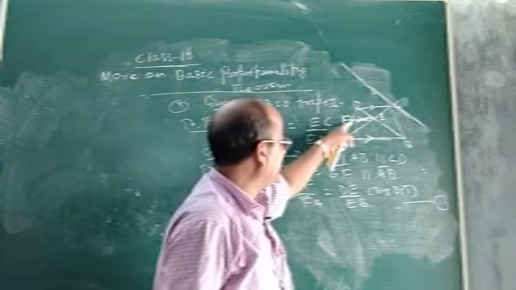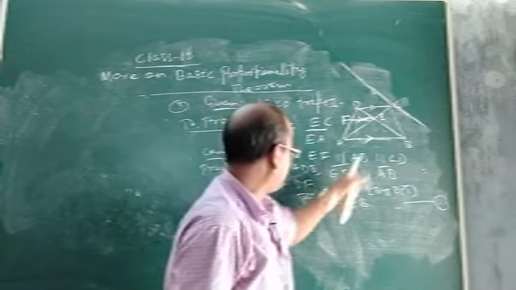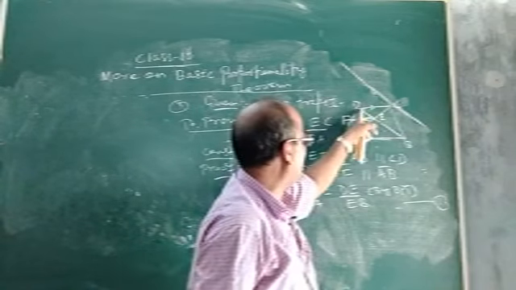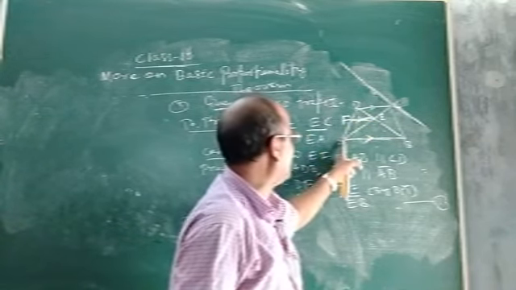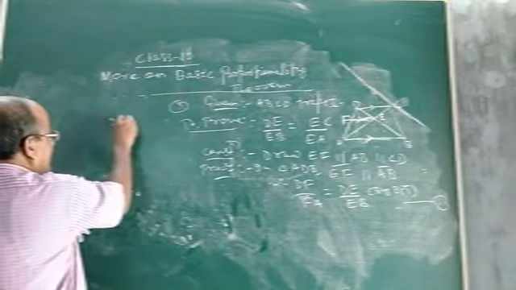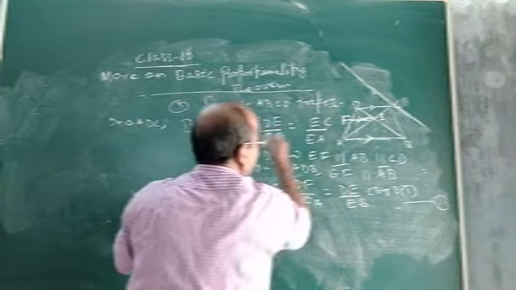So when we took EF parallel to AB in triangle ADB, we got this by BPT. Now see, again this EF is also parallel to CD, in which triangle? In triangle ADC. Now consider triangle ADC, again EF is parallel to CD.